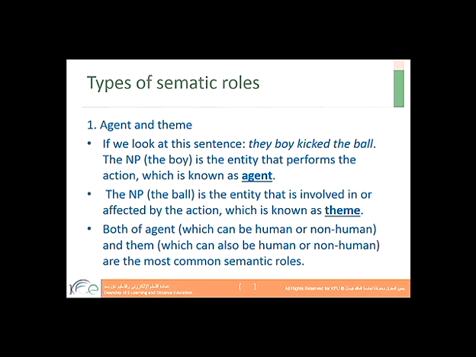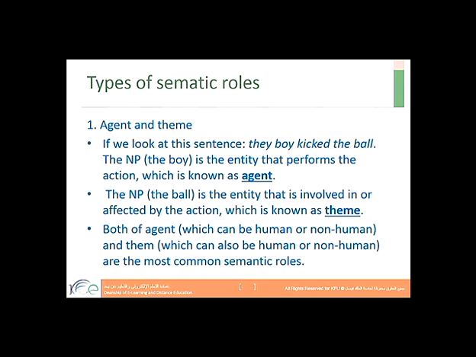So the boy can be described as the agent. Whereas the noun phrase, the ball, is the entity that is involved in or affected by the action, which is known as the theme. So agent and theme always come together.